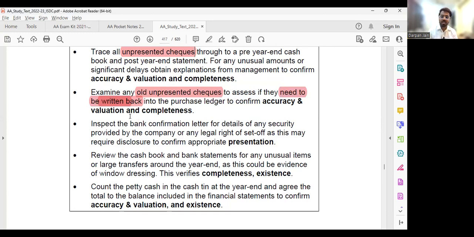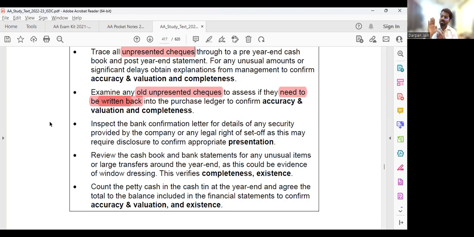Okay. Next, inspect the bank confirmation letter for details of any security provided by the company or any other legal right or set off, as this may require disclosure. So you're inspecting the bank confirmation letter that you're receiving from the banker.